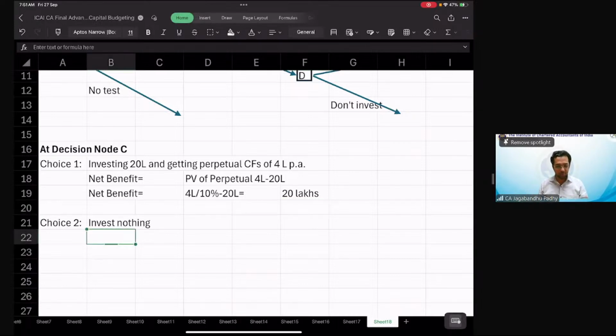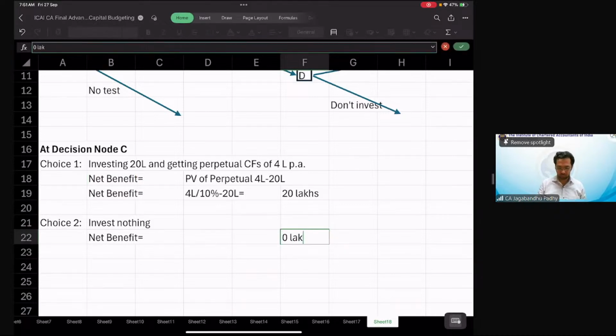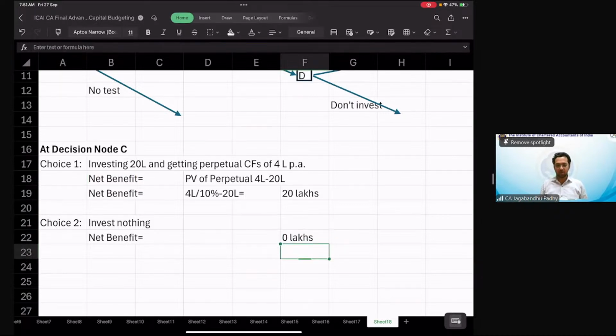And if you're going to invest nothing, what's going to be the net benefit number? 0. The net benefit number is 0 lakhs. So tell me, at node C, what is going to be your decision? Are you going to invest 20 lakhs or are you going to avoid the investment?